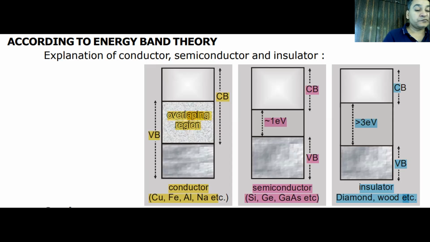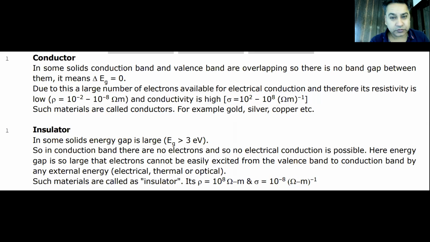Now it is written in words so that you can understand it. What happens in a conductor? In a conductor, conduction band and valence band are overlapping, so there is no band gap, no forbidden energy gap.